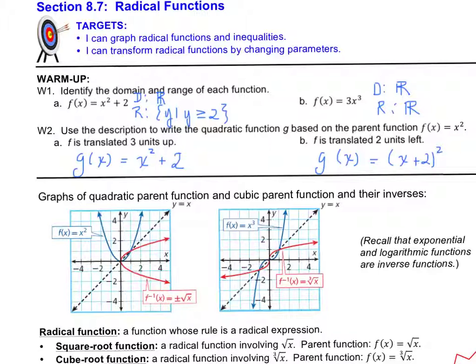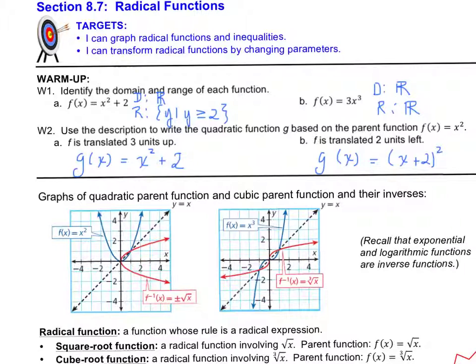Now, looking at the next section, you see the graphs of quadratic parent functions and cubic parent functions, as well as the inverse, in red. With the first graph, the parabola, f of x equals x squared, we can see that the inverse is not a function because it would not pass the vertical line test.